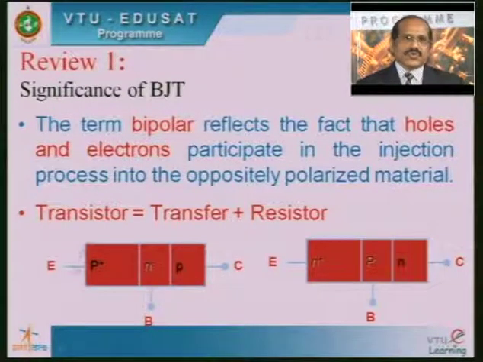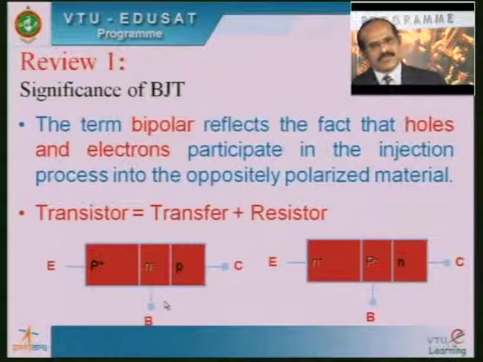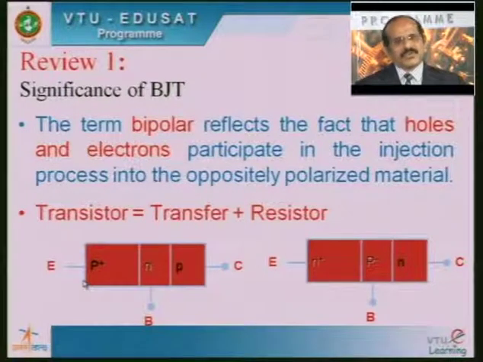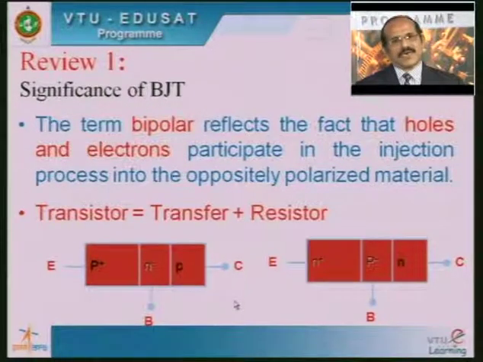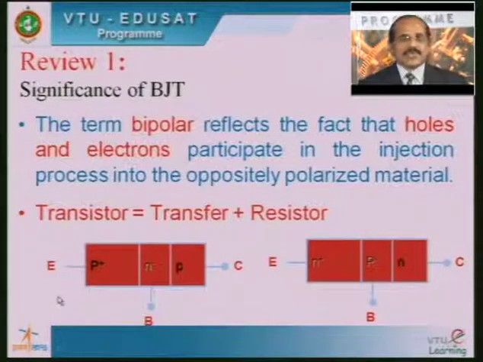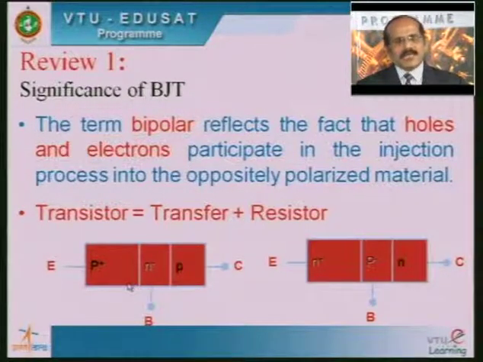Usually the emitter base junction, the input junction, is forward biased, and the output junction, the collector base junction, is reverse biased. The forward biased input junction provides a low resistance region, and the reverse biased collector junction provides high resistance. So whenever an AC signal is applied across the input junction, it is transferred from the low resistance emitter base junction to the high resistance collector base junction. That is why the name transistor.